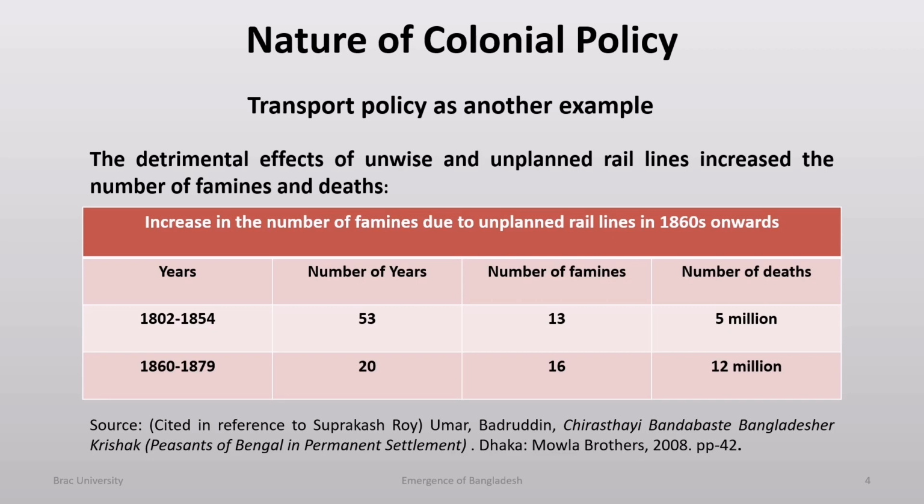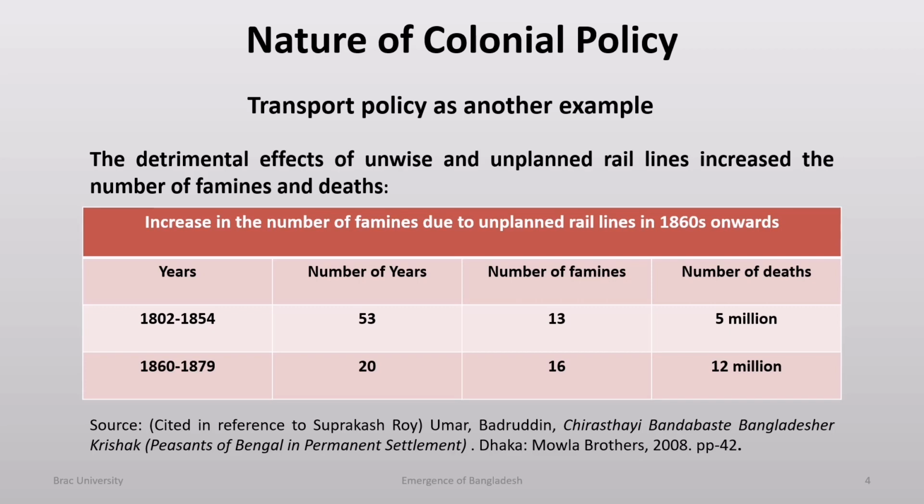The first railway line was constructed in Bombay in 1853 during the rule of Lord Dalhousie, who thought the railways would enable the government to administer the country more effectively, and would also enable the government to mobilize military troops easily during a crisis.